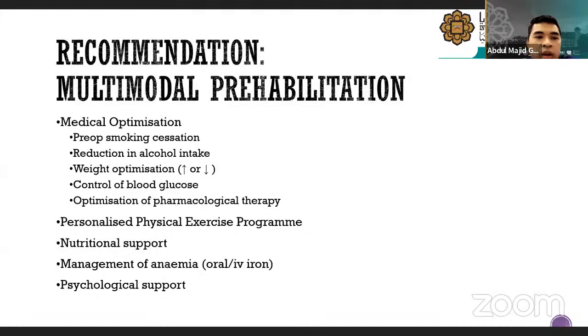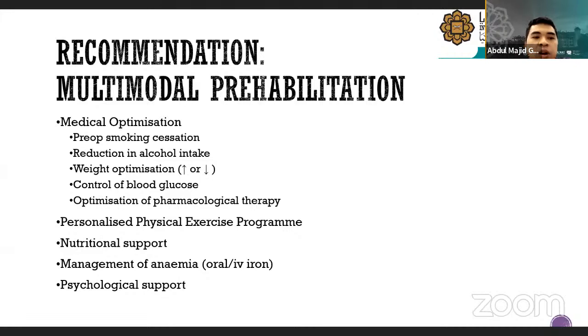In medical optimization, we want the patient to have well-controlled comorbidities, controlling sugar and blood pressure, which are common problems in the elderly. Based on that, we optimize their pharmacological therapy and polypharmacy, and we reduce the associated drugs that can be involved with delirium.